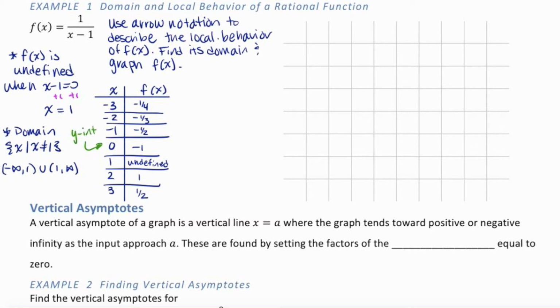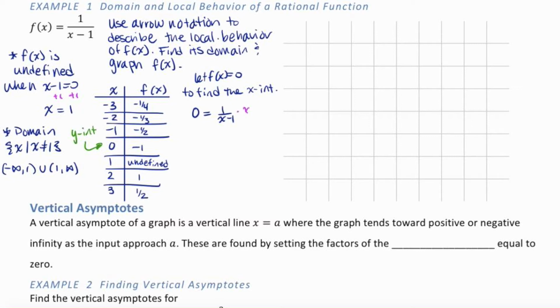So finally, what is its x-intercept? Well, what do we let equal 0 to find an x-intercept? We let f of x equal 0 to find the x-intercept. So we have 0 equals 1 over x minus 1. Take a moment and look at this. What would you have to do to solve this?